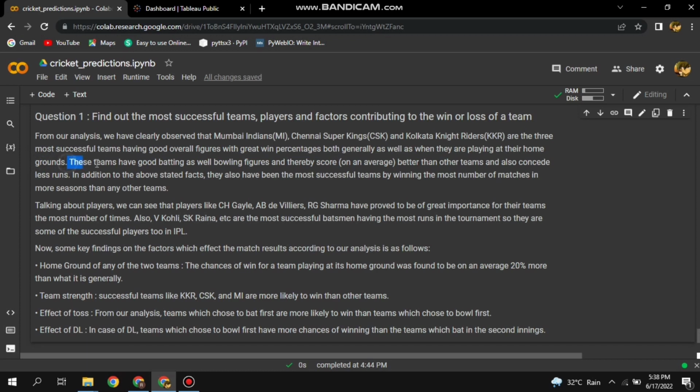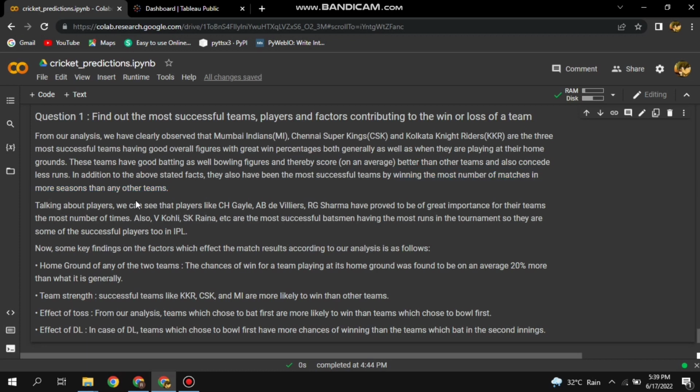These teams have good batting as well as bowling figures, and also concede fewer runs. In addition to the above, they have also been the most successful teams by winning the most matches and more seasons than any other teams.